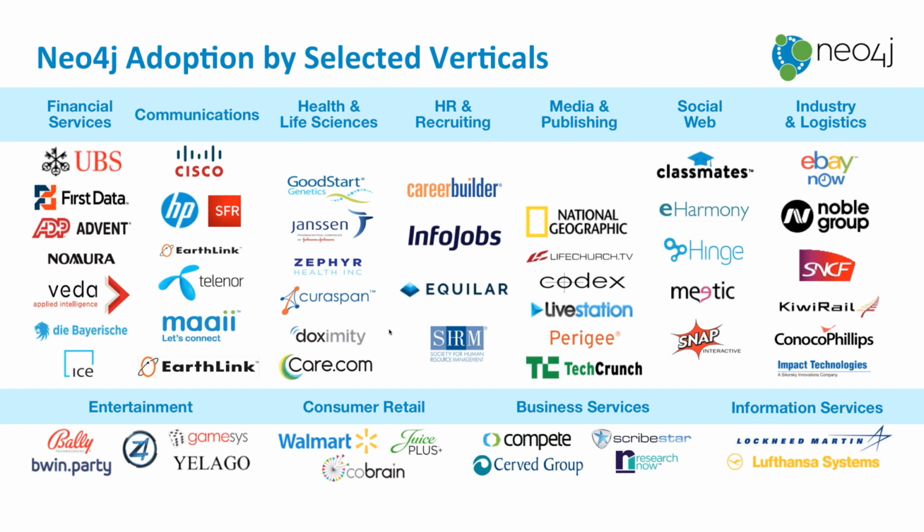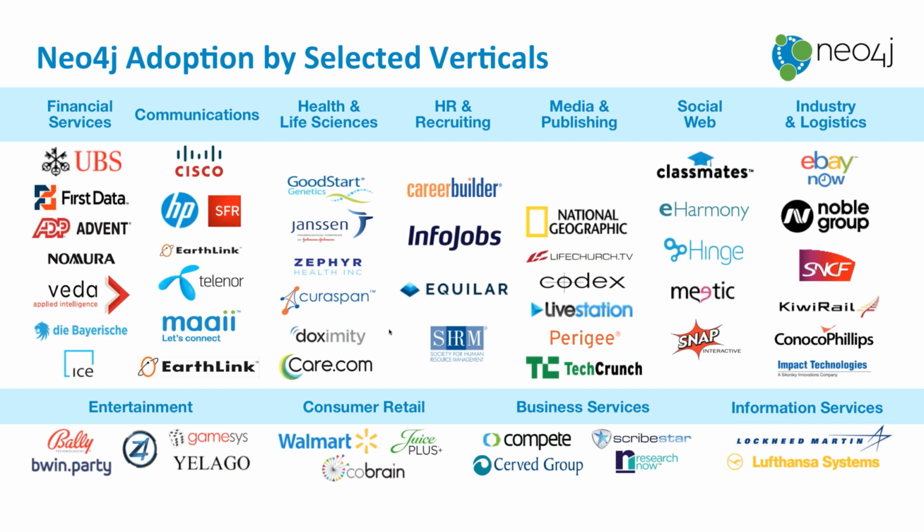Graph databases have expanded to other innovators in spaces like financial services, doing things like the fraud detection that we talked about, in the communications world to look at the networks of systems and devices and making sure we have the most optimal routing and failover scenarios, health and life sciences, HR and recruiting, media and publishing to do things like take a content management system and bring that content to users and to customers as having the most relevant data for them.